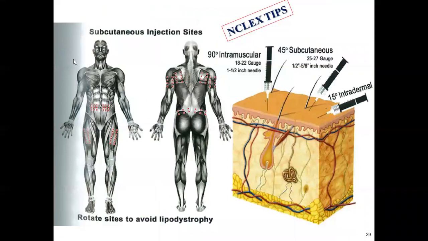In this picture, it is showing subcutaneous injection sites. We use the abdomen, both sides of the umbilicus. We use the anterior aspect of the thigh, and also we can use the scapular region, right? So rotate the sites to avoid lipodystrophy.